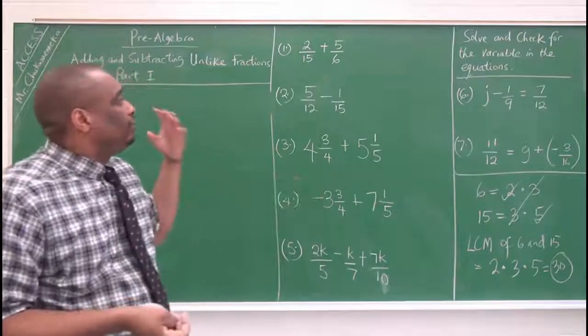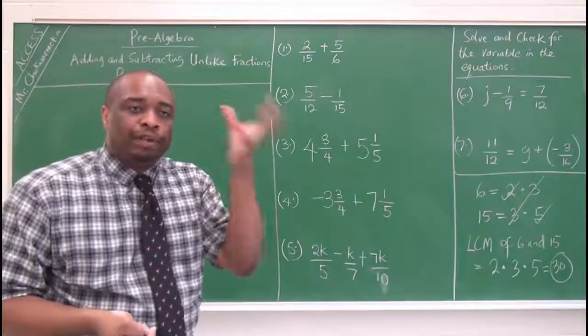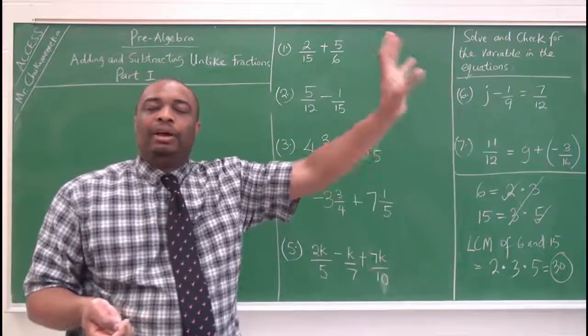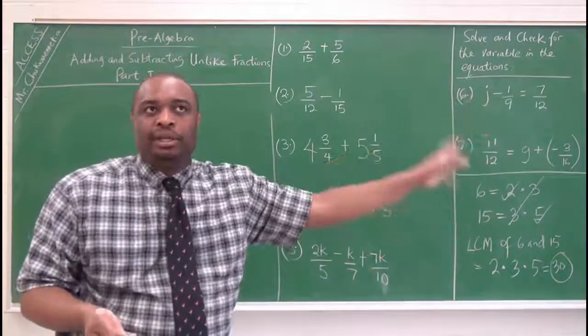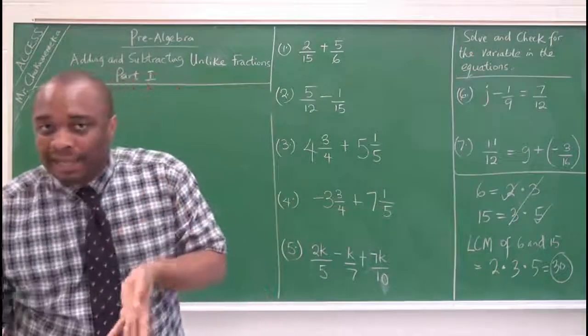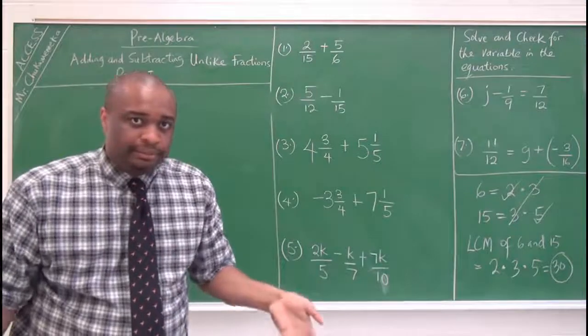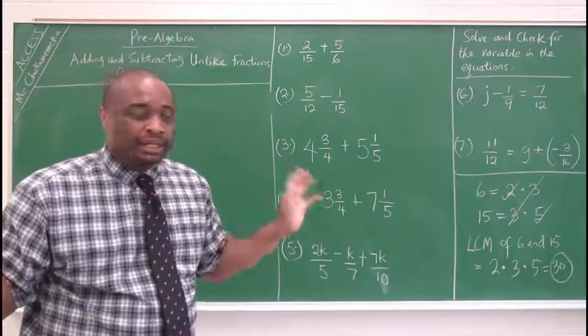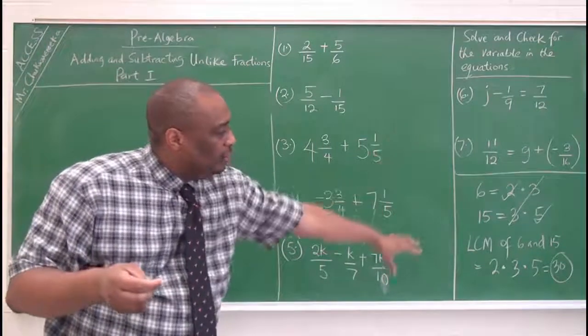Okay? Now, for you to make the unlike fractions to be like fractions, that is to have the least common denominator, that tells you that you have to now find the least common denominator. And how do you find the least common denominator? You can do it this way.